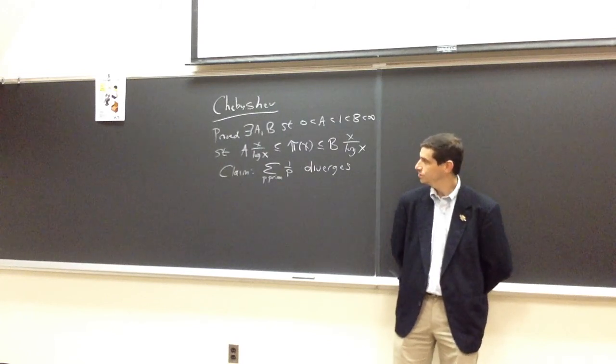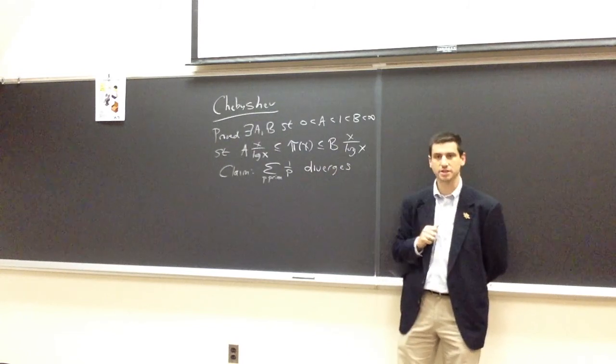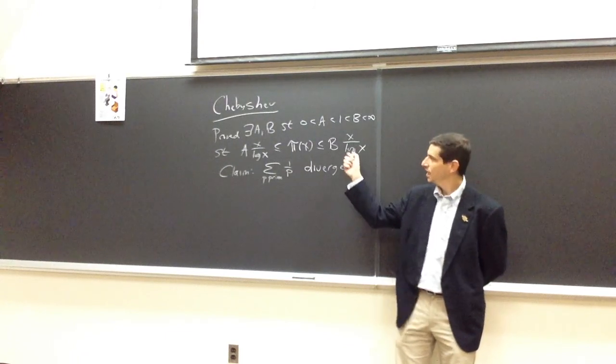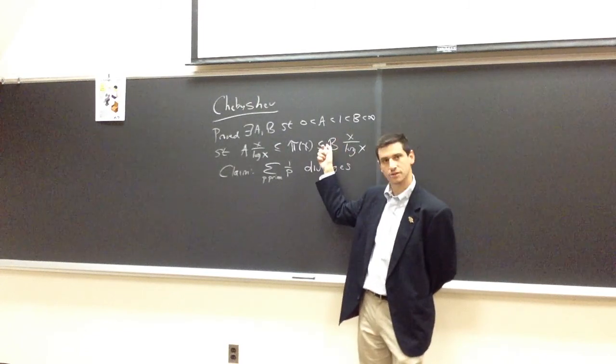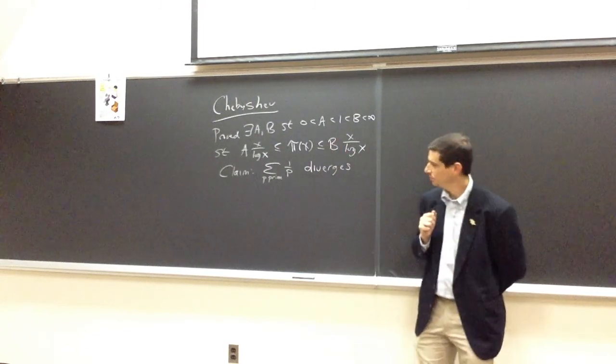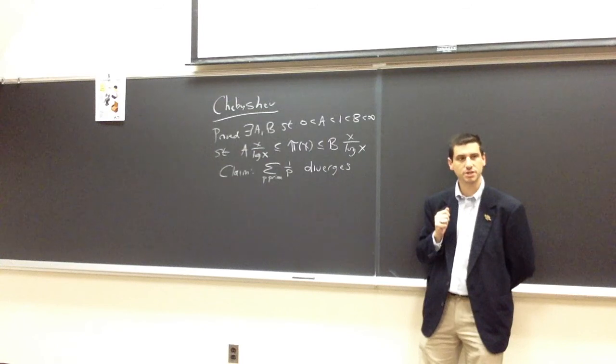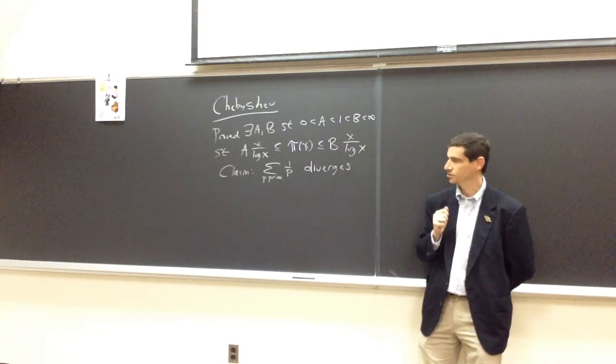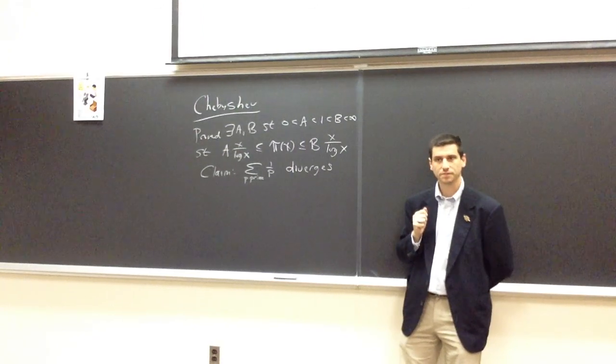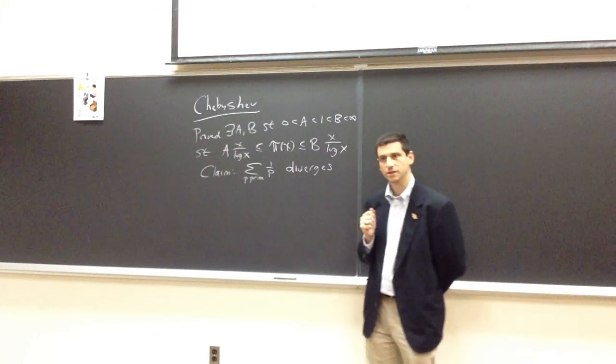So how can you use Chebyshev to prove something like this? I'm going to just sketch the argument, but how can you use this information to attack a problem like this, that the sum of the reciprocals of the primes converges? I'm sorry, diverges. Any thoughts?